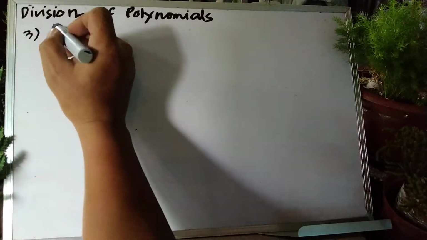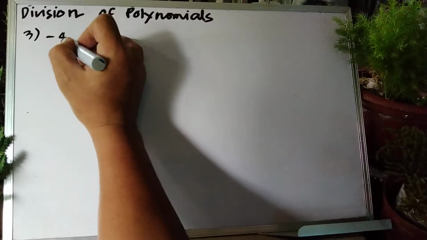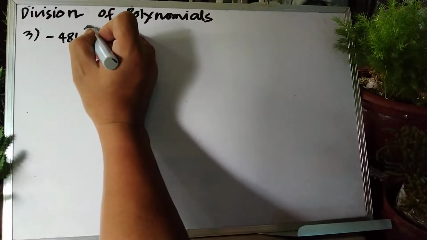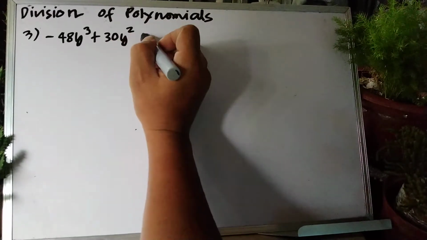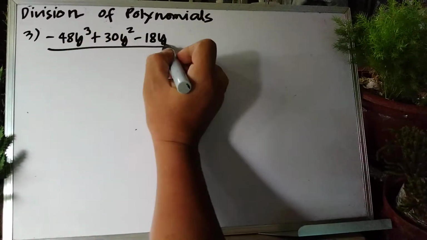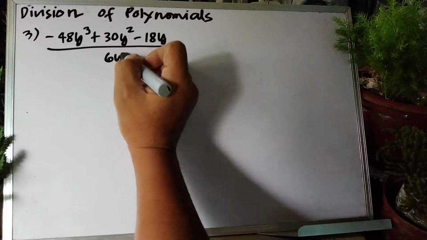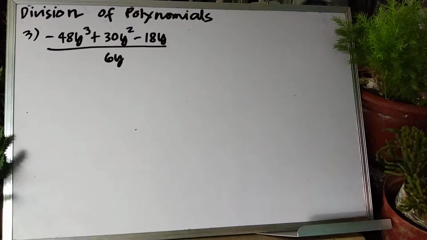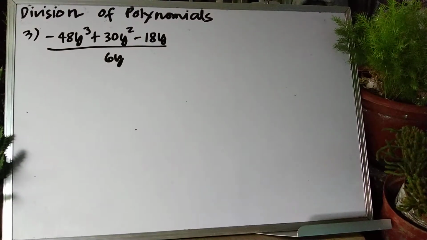Example 3, you have negative 48y cubed plus 30y squared minus 18y divided by 6y. In number 3, you will divide a polynomial by a monomial. Again, it's just the same as our example number 2.